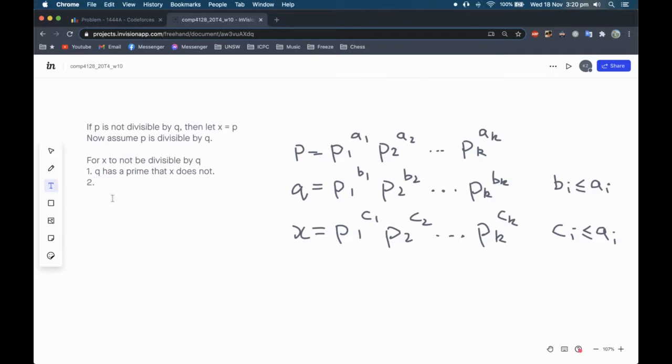And the second way we could make x not divisible by q is to have a prime in x whose power is less than the power of the same prime in q.